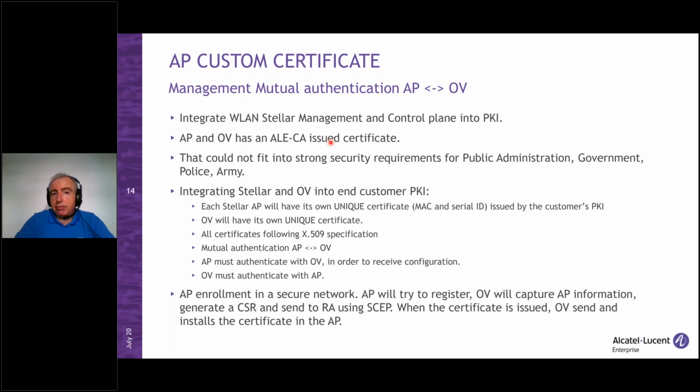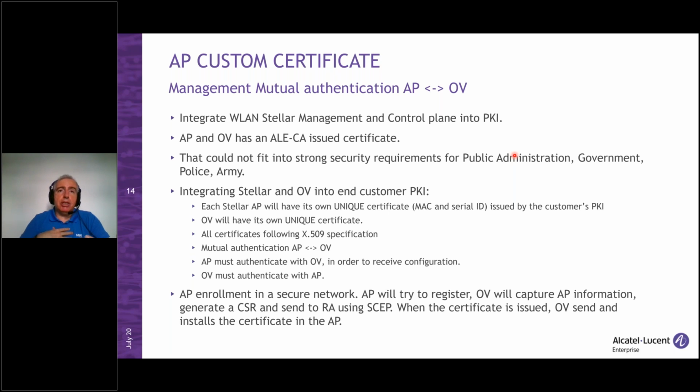But we can move into strong security requirements in public organizations, military, police, government, where they can simply not trust our CA, which sounds perfectly logical, and they are willing to leverage their own PKI. So then we will need to issue a certificate for the OmniVista, and we will be able to issue a certificate for the APs. And the APs will try to connect to the OmniVista.